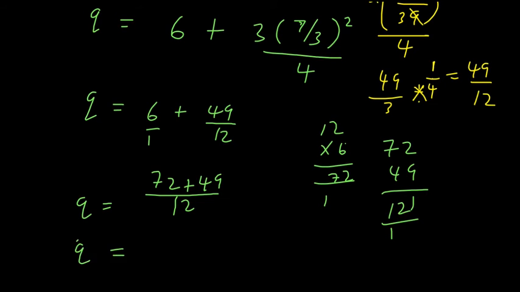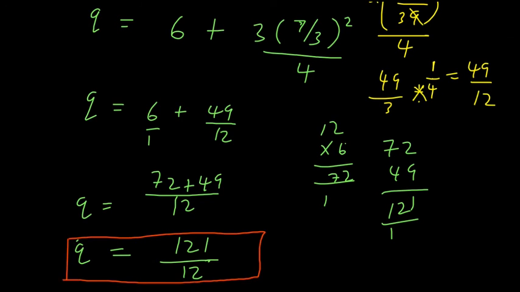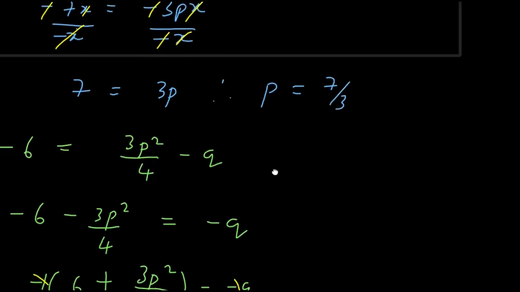So q is 121 over 12. I'm sure I didn't make any mistake. So this is our q, and we already got our p.